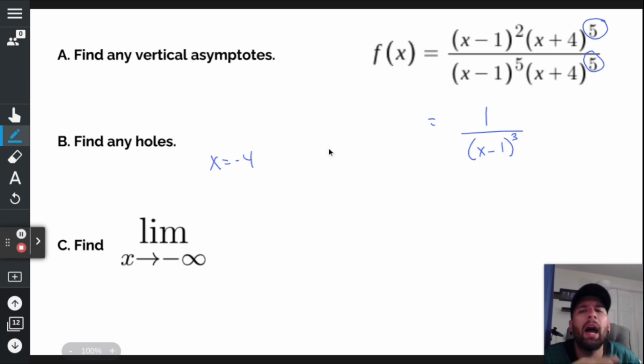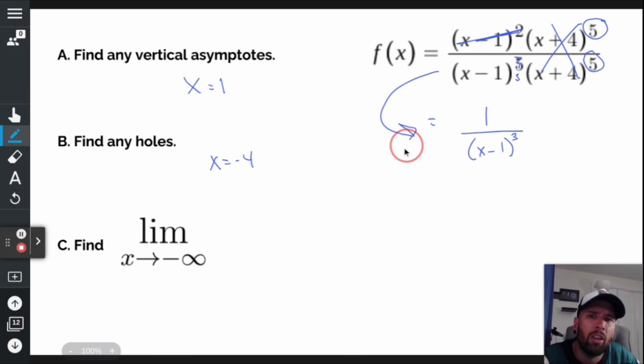And so I'm going to have a vertical asymptote at x equals 1. These guys crossed out. That's what gave me holes. They completely crossed out and left me with 3. So holes are at negative 4. Vertical asymptotes are at positive 1. So my equation now looks like this, where I'm not allowed to plug in negative 4 or 1.